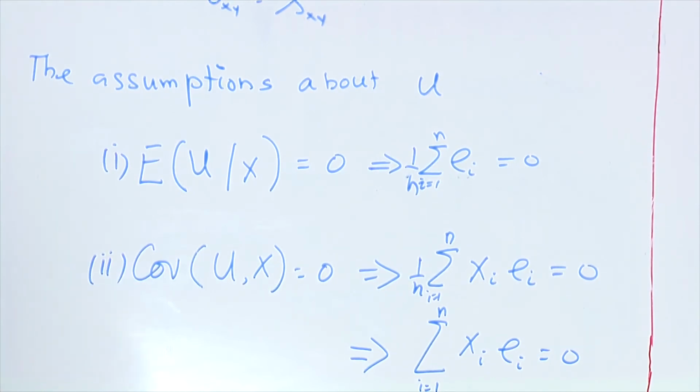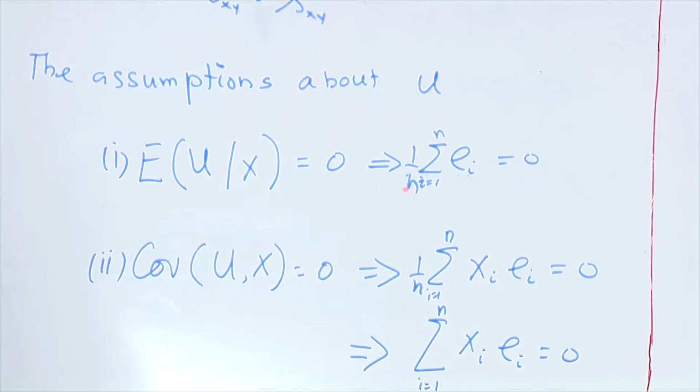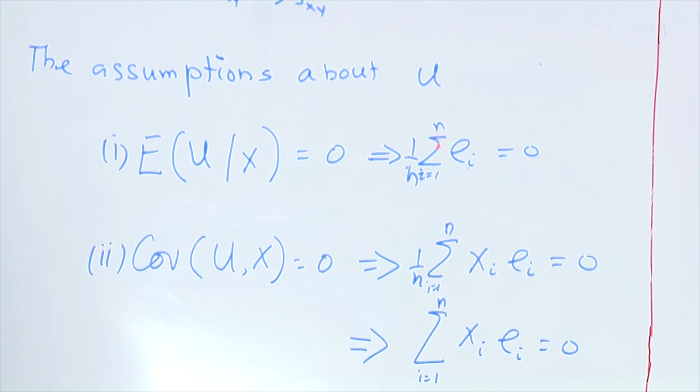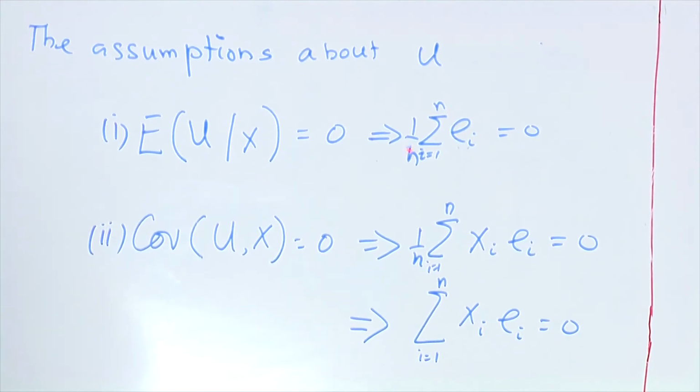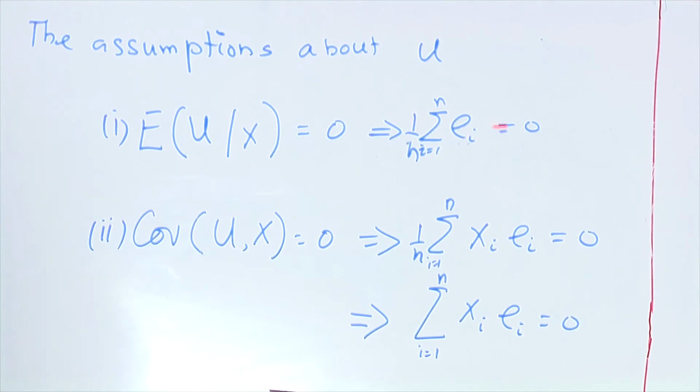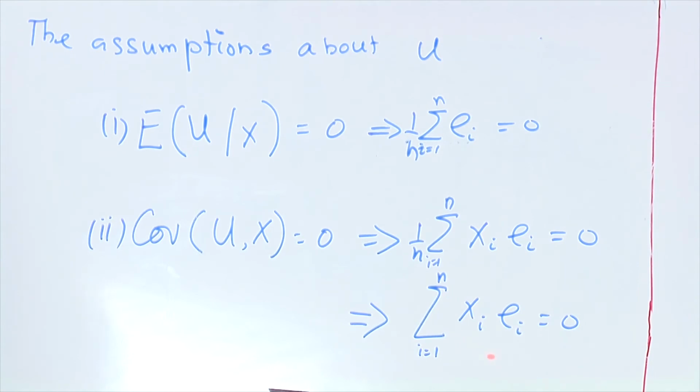The corresponding moments in the sample are, instead of the expectation of u, 1 by n sigma i from 1 to n ei, that is, the average of error is 0. For the covariance, again we can write for the sample 1 by n sigma xi ei equal to 0. We may write this as sigma i from 1 to n xi ei is equal to 0.